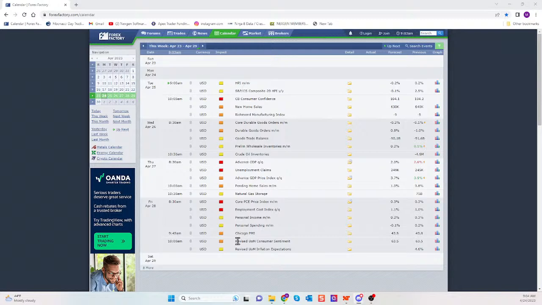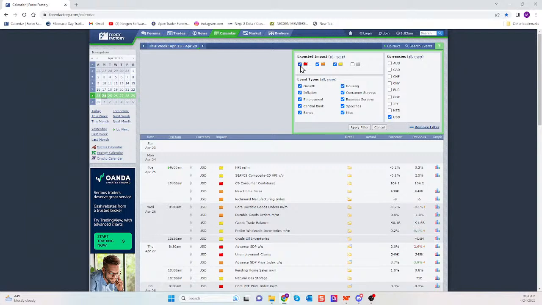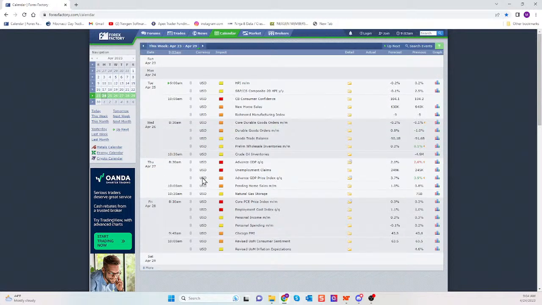And I whittle mine down to American markets. I'll use the filter. I'll go for high, medium, and low impact, and I'm just looking at the U.S. markets. If all of these are checked, you're going to have 1,000 different things. You'll never trade because there's some sort of news release in every time frame in every world. So great thing to check each and every morning.